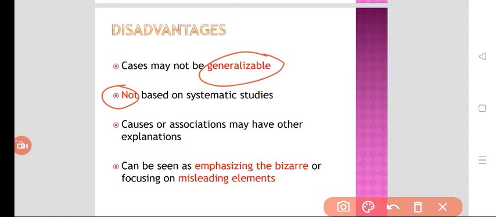So it is not based on systematic studies, and causes or associations may have other explanations apart from the given literature. Sometimes it can be seen as emphasizing the bizarre or focusing on misleading elements. Sometimes it may happen. Everything has its own disadvantages.